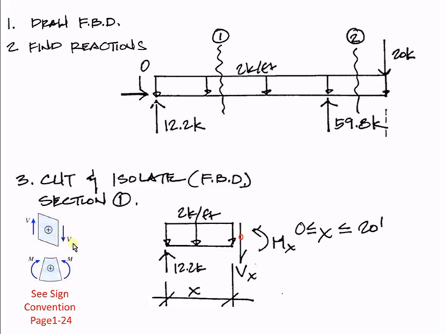When we cut our section, we have 2 unknowns, and usually when we have a free body diagram, we're free to choose whichever direction we want. But because in this method we want to develop formulas, it's important to use a sign convention that's consistent with positive directions for shear as well as bending moment. This is our sign convention. For our short element of a beam, a positive value of shear causes this type of deformation.